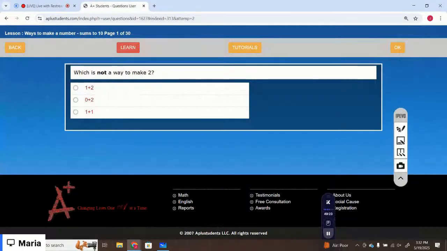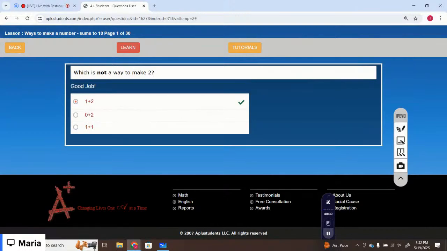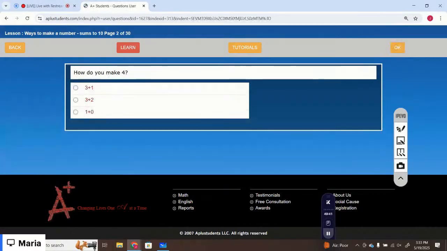Which is not a way to make it. So you don't have to make two, right? So option number one is the correct option. That is 2 plus 1 equals 3. The rest of the two options make two, right? How do you make 4?